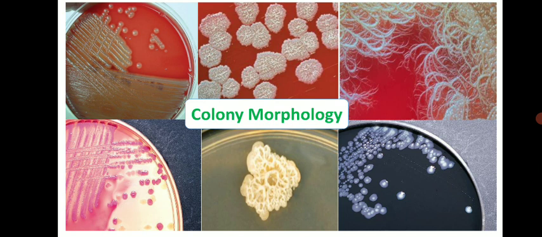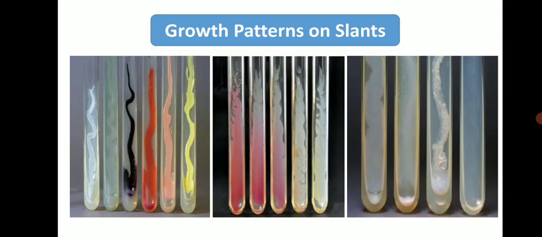In this picture you can see different types of colonies on agar or different kinds of media, and these colonies tell us which kind of microbe they may be. Here you can see different growth patterns on slants also, and you can see colored colonies. The colors are due to pigments produced by microbes.